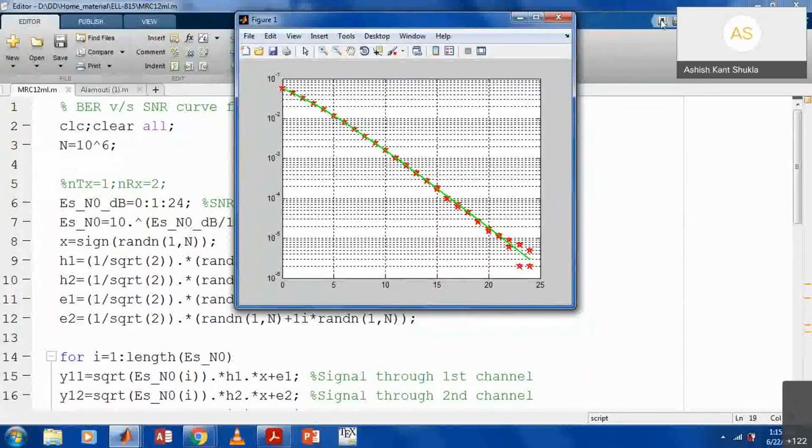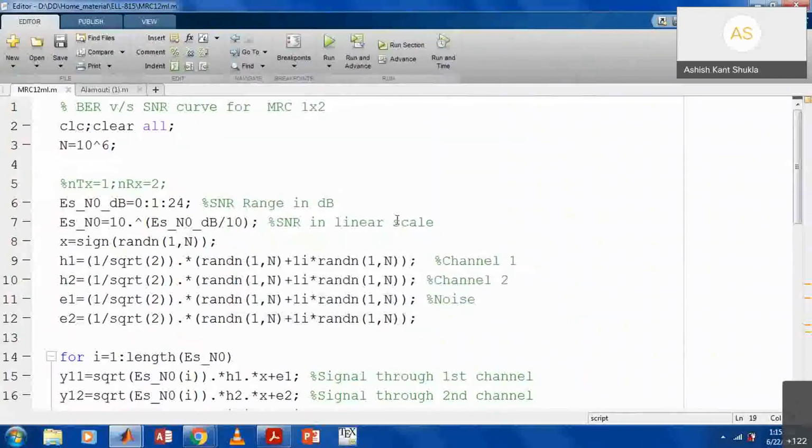So this is the code for maximum ratio combining. If anyone has any doubt about any line or any command, please let me know.